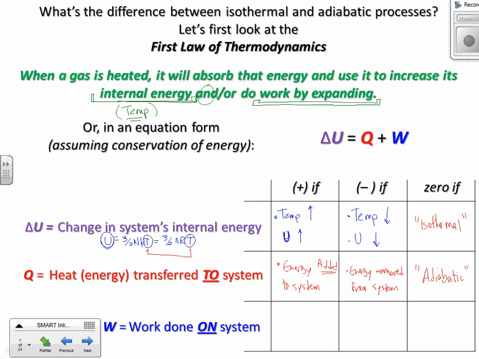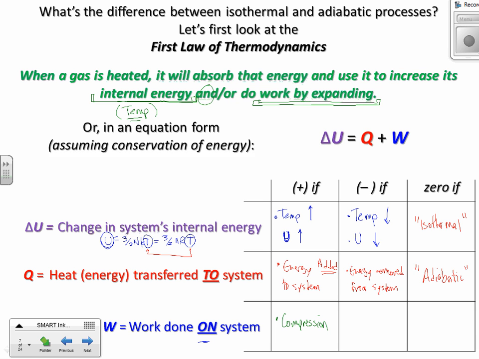Okay. And work done on the system. We say that it's positive if work is done on the system. When we do work on the system, the gas is compressed, so during any compression, W is positive.